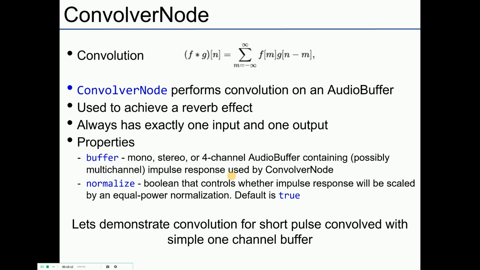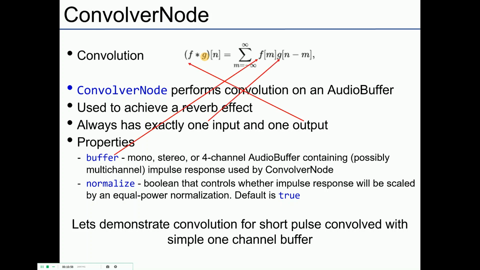It also has normalization, which simply normalizes this buffer so that it's to high amplitude. This is done because people might use the convolution with many different recorded impulse responses. The impulse responses can all be recorded with different amplitude pulses, different microphones, and so in order to have them roughly equal loudness, they can be normalized. The default value here is true, and in my programming, I've never had reason to change the normalize to a false value.